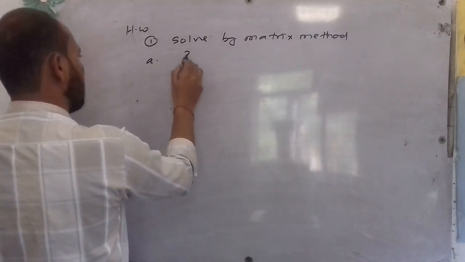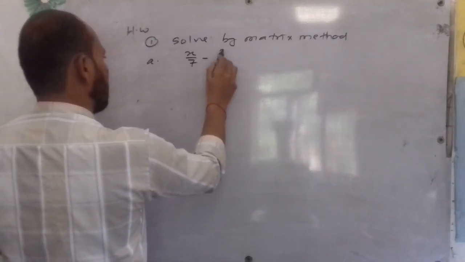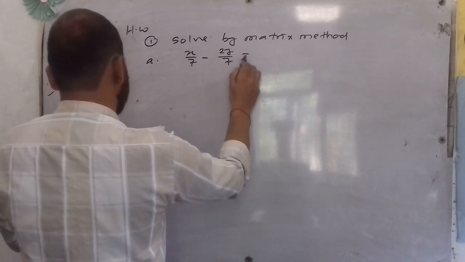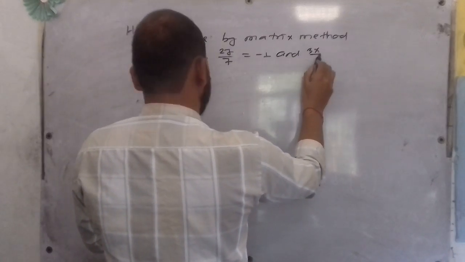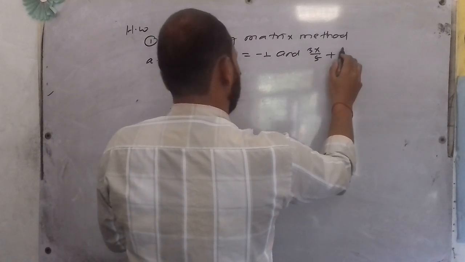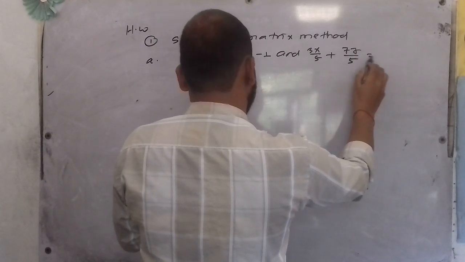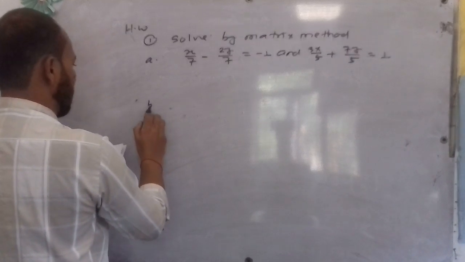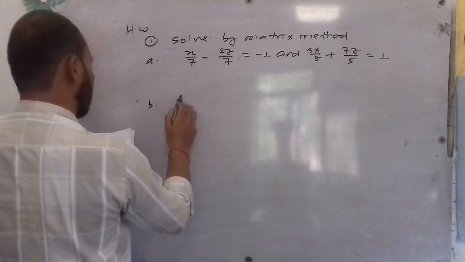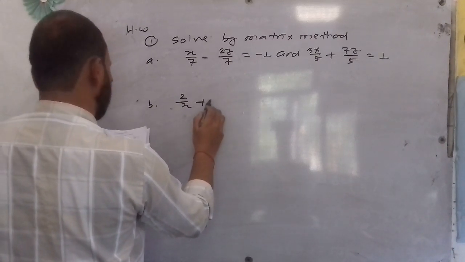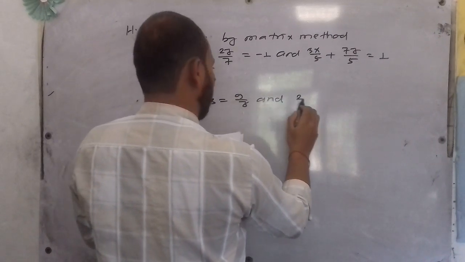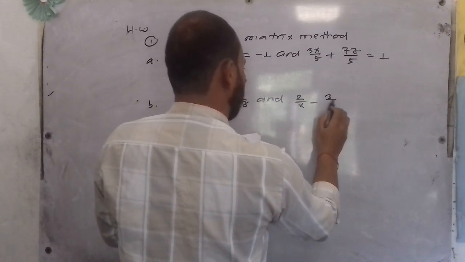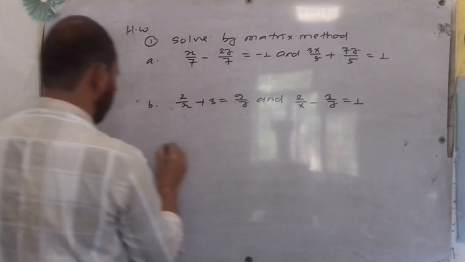Number 1: x by 7 minus 2y by 7 is equal to minus 1, and 3x by 5 plus 7y by 5 is equal to 1. B number: 2 by x plus 3 is equal to 9 by y, and 2 by x minus 3 by y is equal to 1.